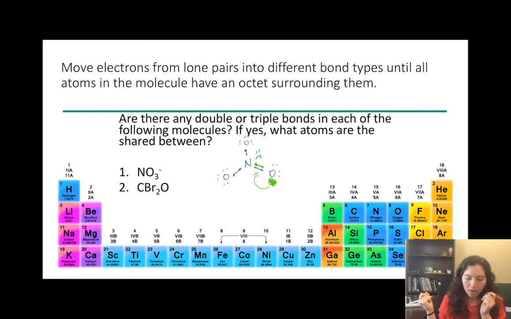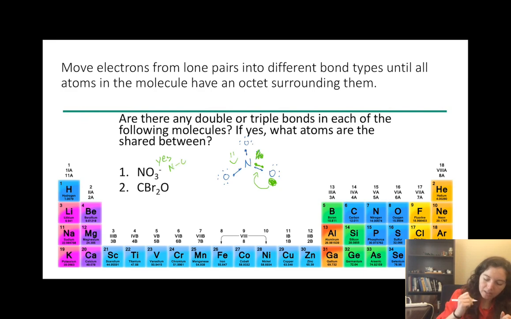So yes, there is a double bond in here in order to form an octet on the nitrogen. Now the nitrogen's happy. Yay. Because it's got 2, 4, 6, 8 electrons shared between it and its oxygens. This is between the nitrogen and the oxygen. Any of them is fine.